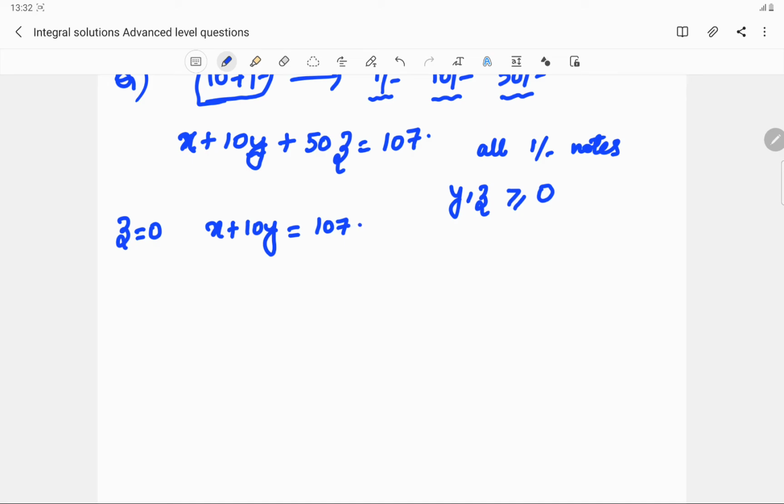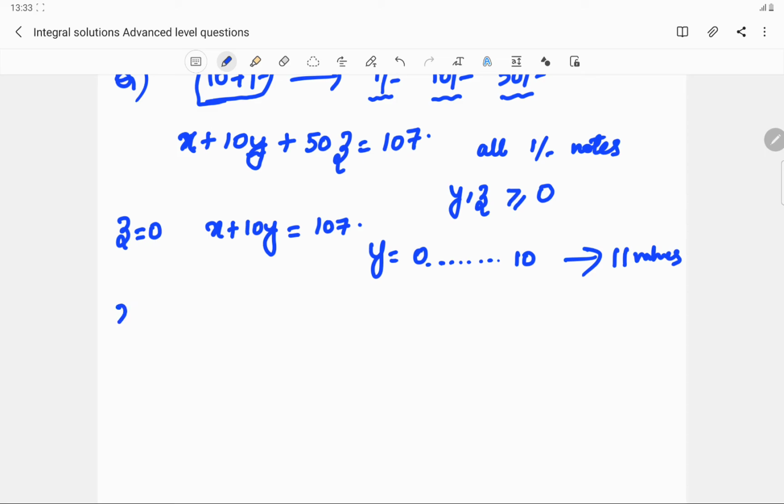So here y can take the values from 0 till 10. It cannot take 11, because if it takes 11 it will become 110, and x will be negative, so that is why it cannot take 11. So it can take from 0 to 10, so there are 11 values which y can take.